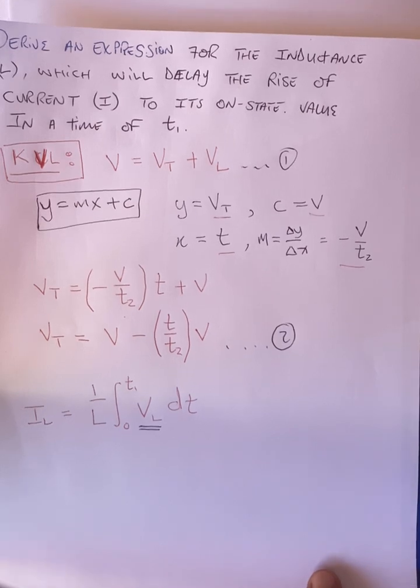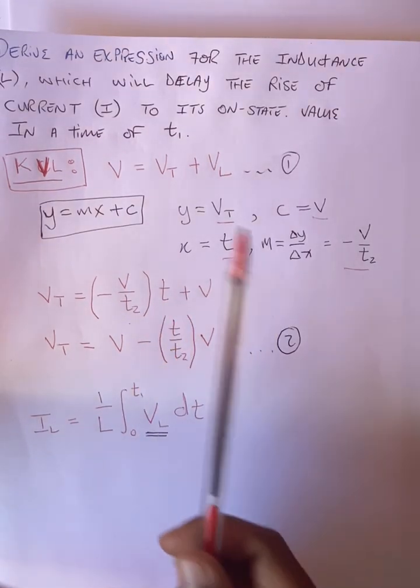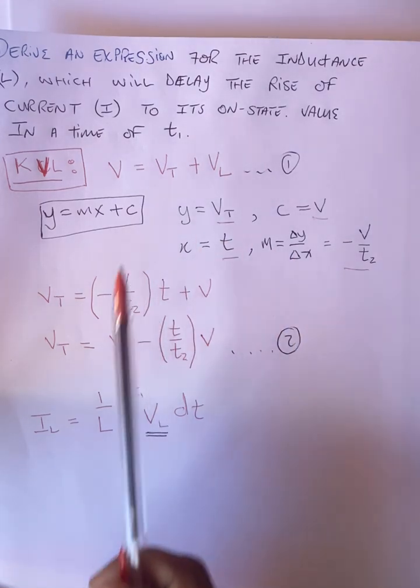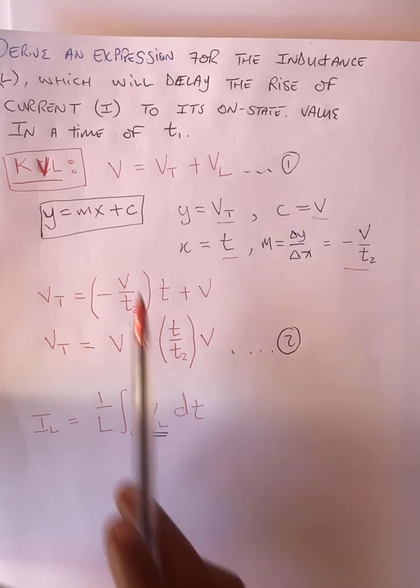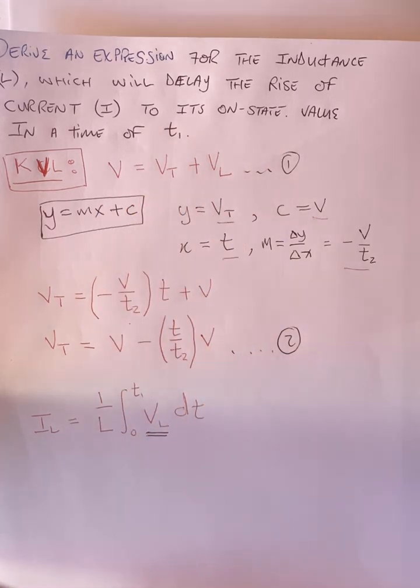If you look at this, you will notice that somewhere here there's a VL, a V, and a VT. Somewhere simply means there's a relationship between VT as well as VL, as we've noticed in expression number 1 here at the top.